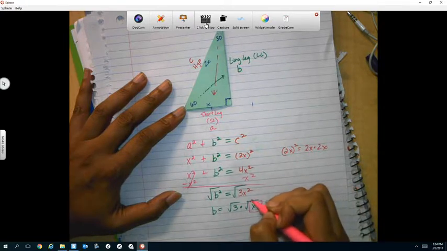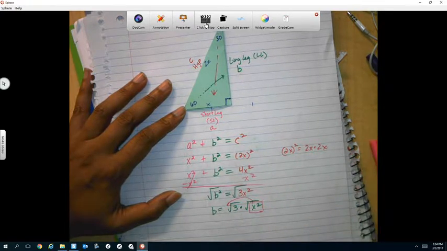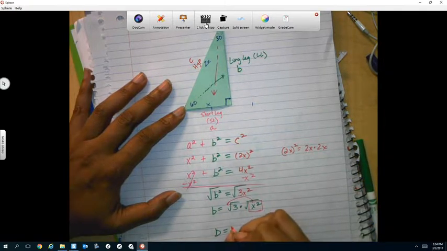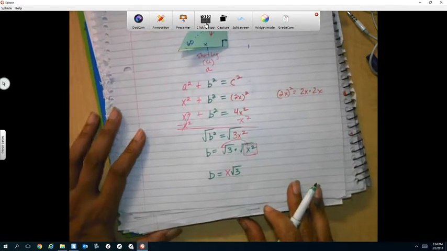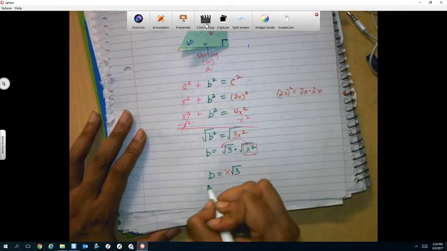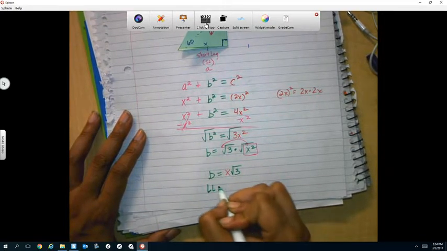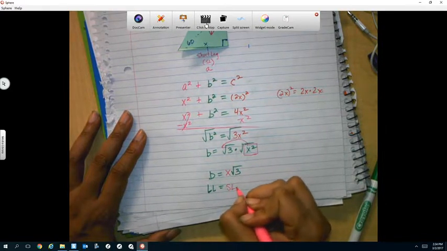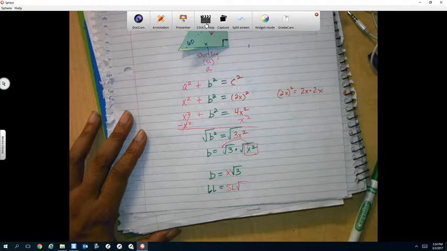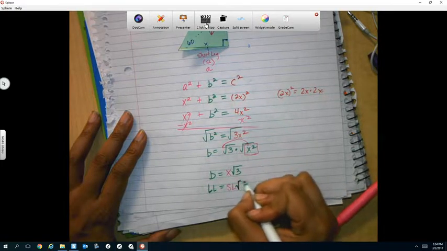Perfect squares come out. So our b is equal to x square root of 3. Okay? And so in translation, our b represents our long leg. It is equal to our short leg times the square root of 3.